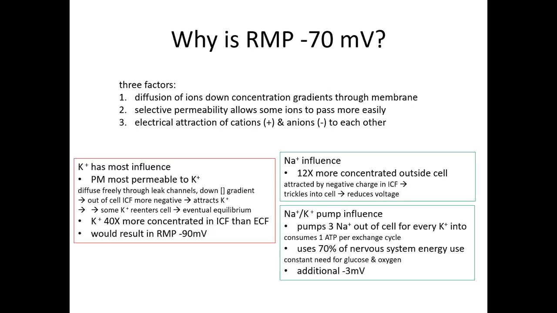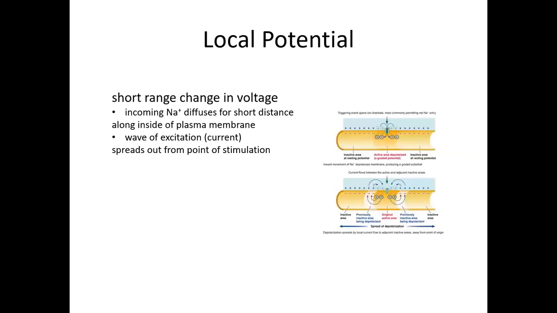The last influence is the sodium-potassium pump, which pumps sodium out in exchange for potassium, and that accounts for about the last 3 millivolt difference. This pump actually uses about 70% of the energy of the neuron, and it's that constant need for glucose/lactate and oxygen.